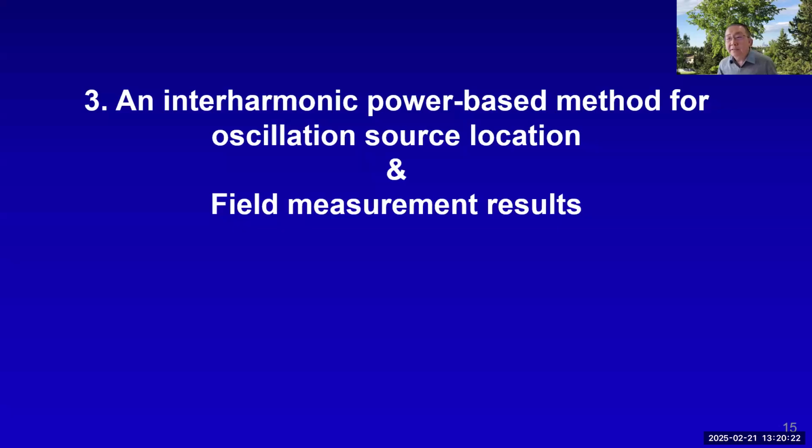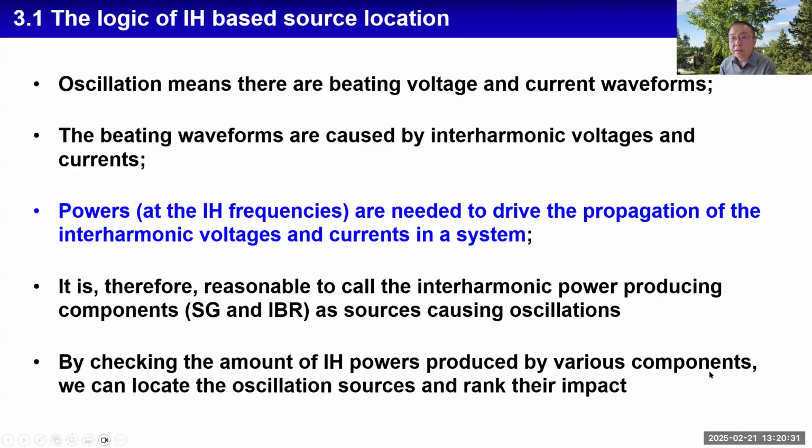Next, I will talk about the interharmonic power-based method for source location and share with you the field measurement results. The logic of this method is very simple and intuitively clear. Oscillation means beating voltage and current waveforms. Beating waveforms are caused by interharmonic voltage and current.